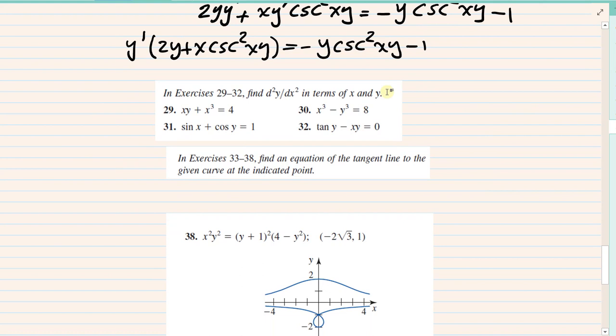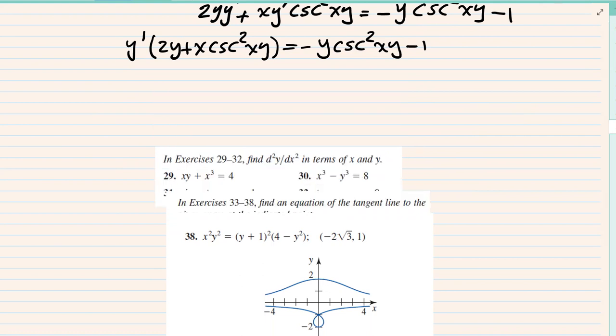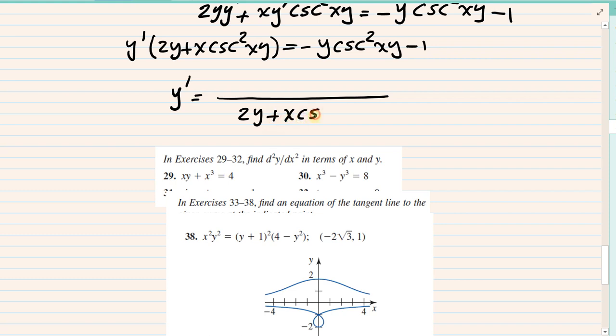Let me move these lower. Alright, and then final step, we're going to divide both sides by the coefficient on y prime, which is 2y plus x cosecant squared xy. And on the right side, we can factor a negative. So it's going to be negative of that expression. I'm going to go negative 1 plus y cosecant squared xy. And we are done with this one.